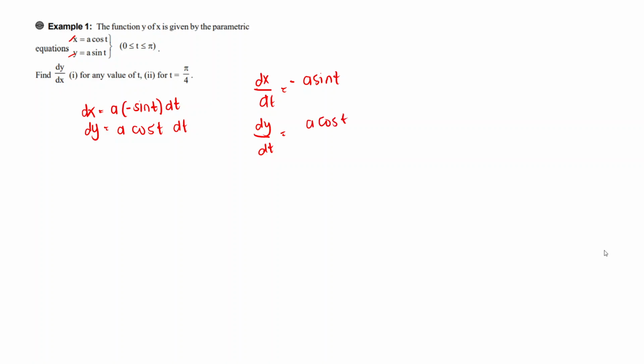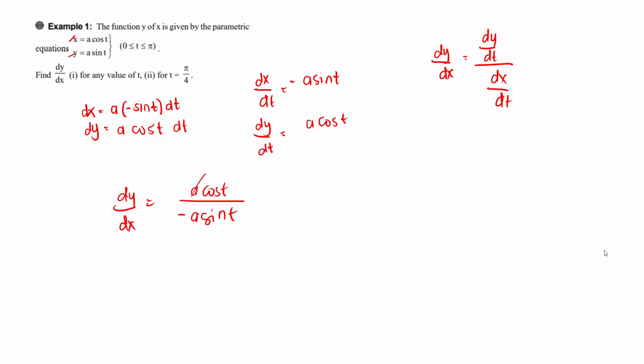So what we are asked to find is dy over dx. For us to get this, we have to divide dy over dt all over dx over dt. So dy over dx is equivalent to a cosine t over negative a sine t. Okay, so a cancels. This becomes negative cotangent t.